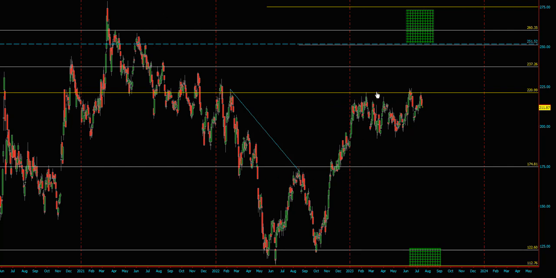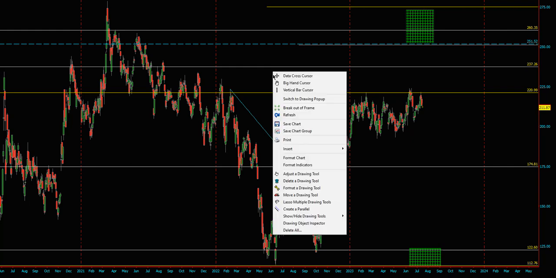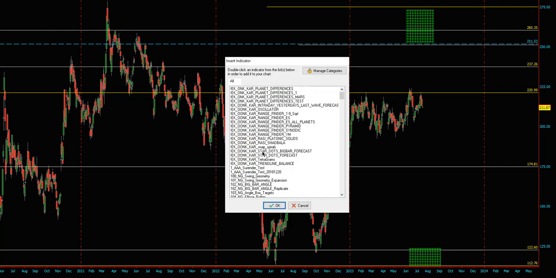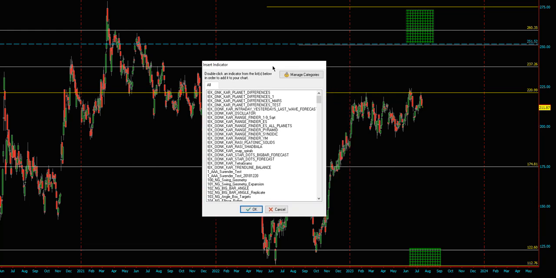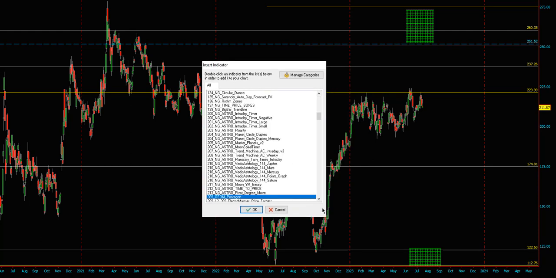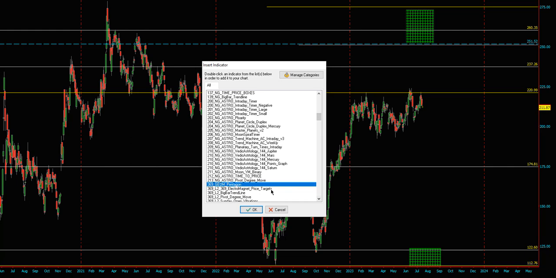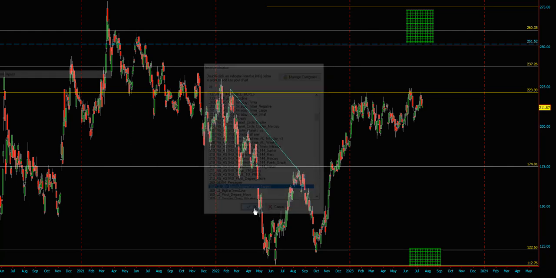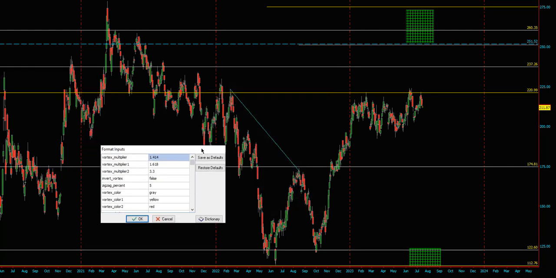These are coming from the electromagnetic 369 frequency targets, the yellow lines, so I just want to keep it that way. There's a tool which we use. It's called 369 electromagnetic targets, and for every stock, based on its squaring and circular angular momentum, we define their frequencies.